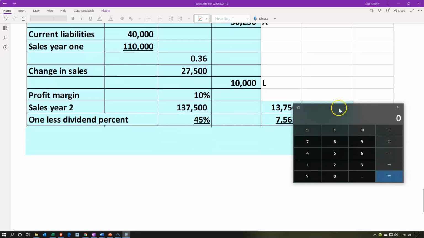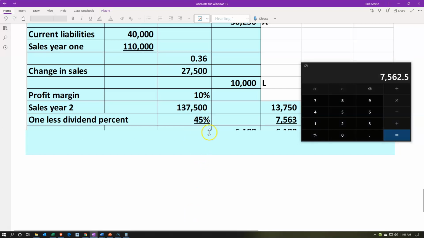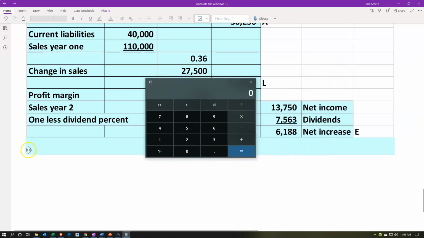So of this 13,750, we're going to pay 0.55 in dividends to the owner, and that's about 7,562 or 63. Therefore, the net increase is the net income, 13,750, minus the 7,563, and that's going to be the net increase in equity of 6,188.